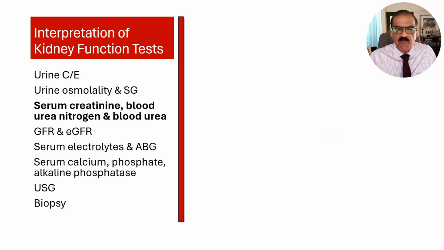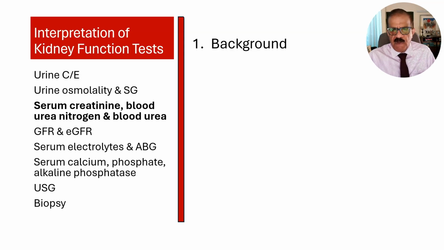Now, serum creatinine, blood urea nitrogen, and blood urea I have put in one group because they are usually referred to as renal function tests, RFTs, and they are done together. So the background: creatinine comes from our muscle, and our muscle size varies from person to person, depending upon your body size and also your gender.